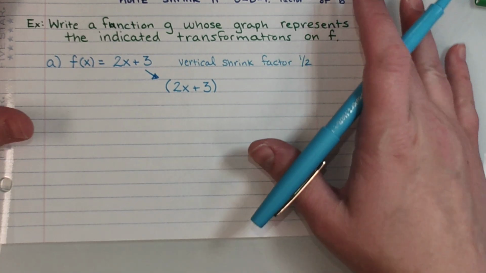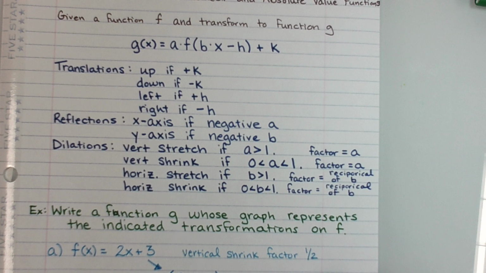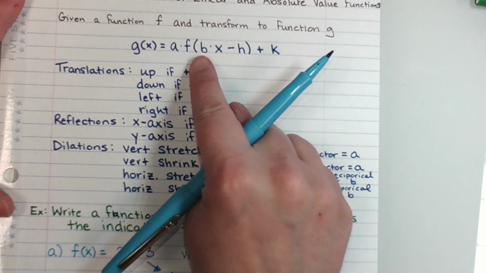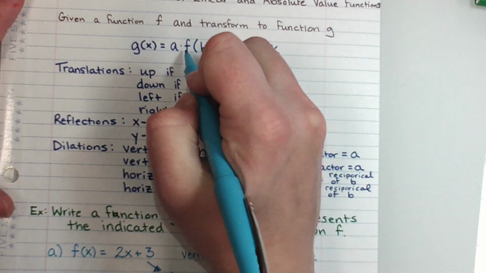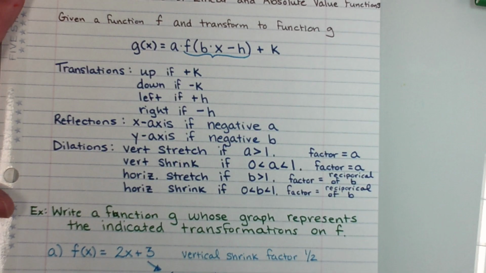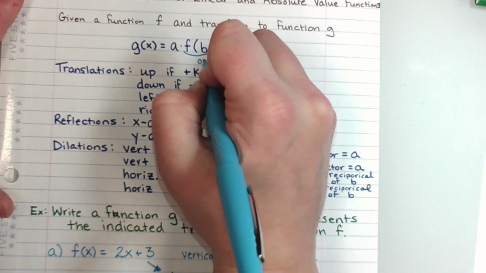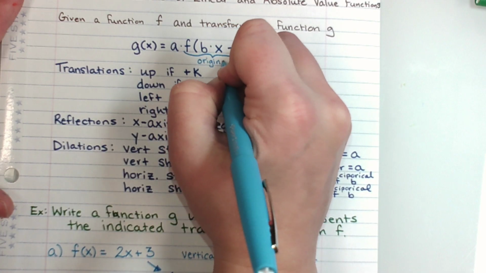So, when it comes to A, B, h, and k, this f of b times x minus h, that is your original function with some edits.